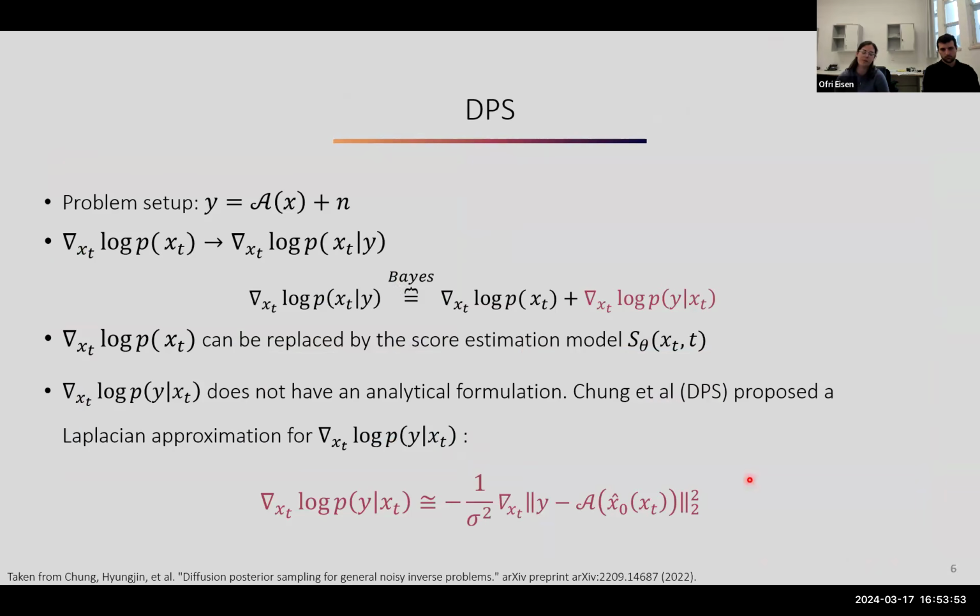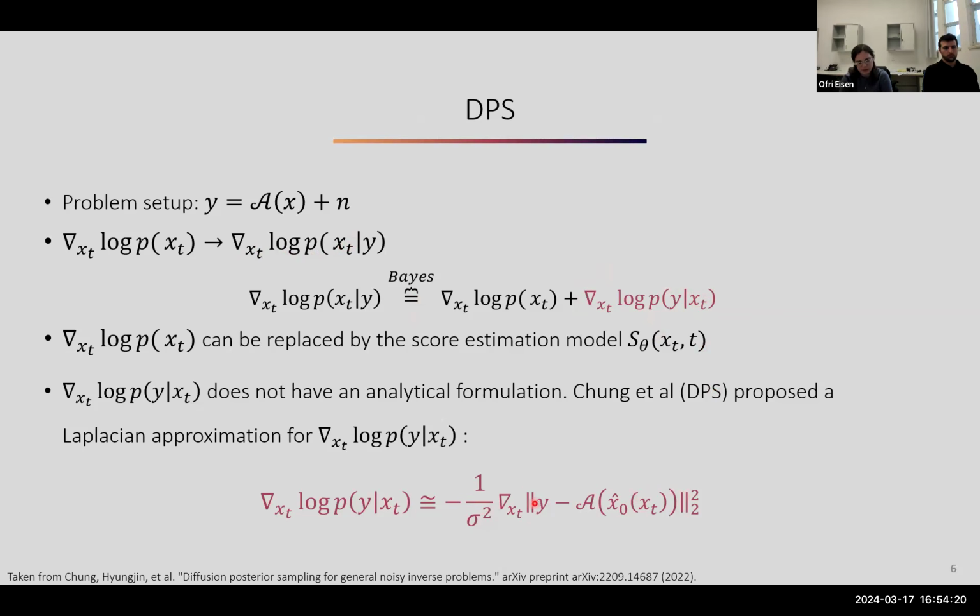The DPS paper, as Ron mentioned last week, also solves inverse problems, both nonlinear and linear, and it uses Bayes' rule to transform the score function from log p(x) to log p(x given y). The main contribution of the paper was to approximate this term with a Laplacian approximation.